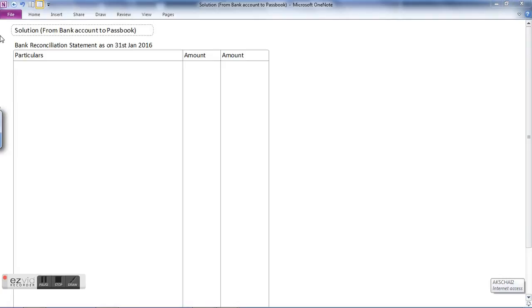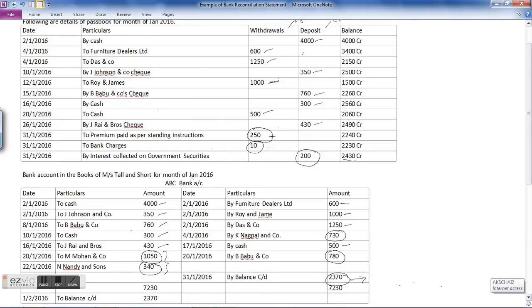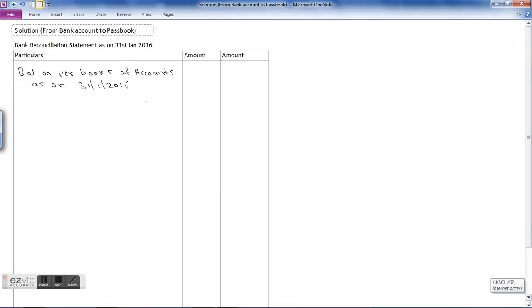Since we are moving from our bank account to passbook, we have to take balance as per books of accounts as on 31st Jan 2016. Let's see what the balance is. It's 2370 debit balance.